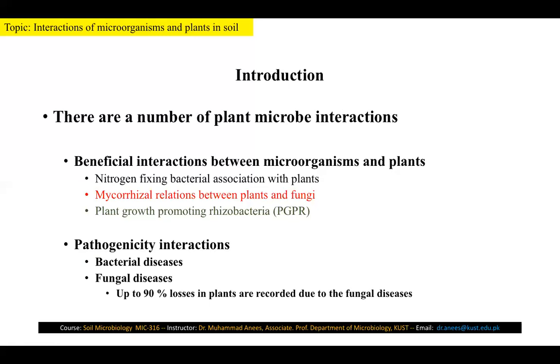Whenever we talk about microorganisms as pathogens, there are two major types which cause diseases: bacteria and fungi. Among them, the most important are the fungi, which cause up to 90% losses in plants in soil.